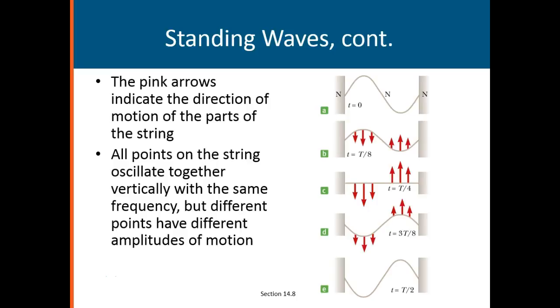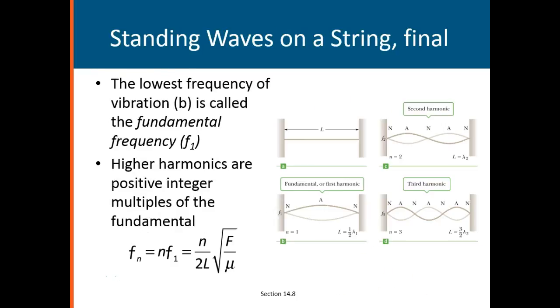The lowest frequency of vibration, which we're going to call B, is called the fundamental frequency, F1. Oh, that's a figure B. I was going to say, why are they calling it B and F1? As pictured in B. Now, here we have the setup.